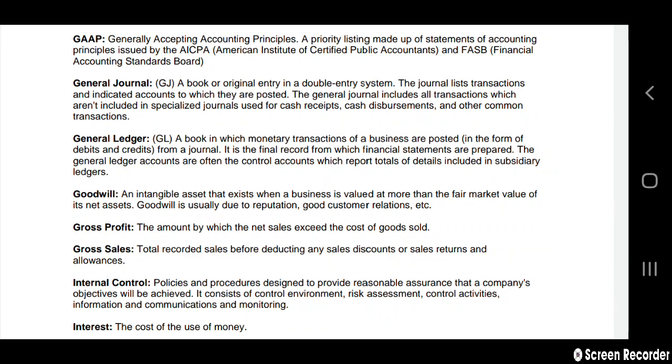The journal lists transactions and indicates the accounts to which they are posted. The general journal includes all transactions not included in the specific journals, like cash receipts, cash disbursements, and other common transactions.